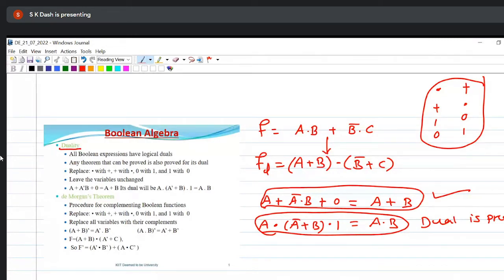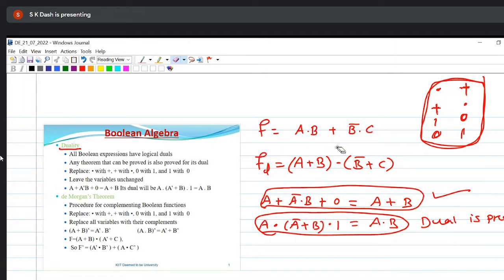Can you explain this dual function once again? The dual function we can find just by interchanging this much. Dot needs to be replaced with plus, plus needs to be replaced with dot, 1 with 0, 0 with 1. So by interchanging this, we'll be able to get the dual function.